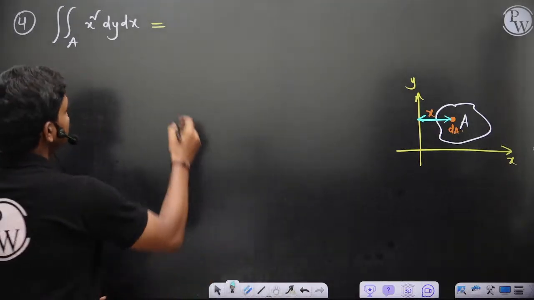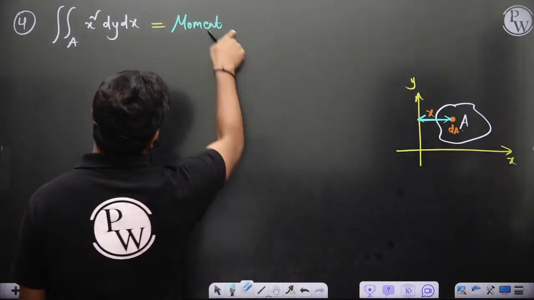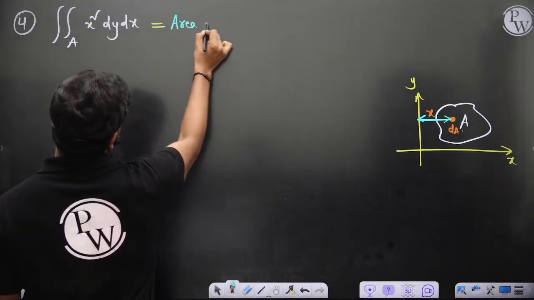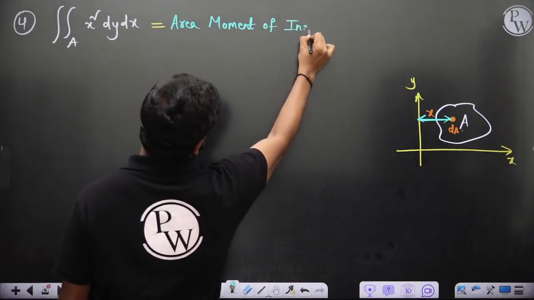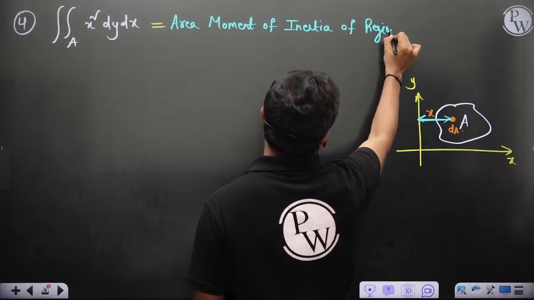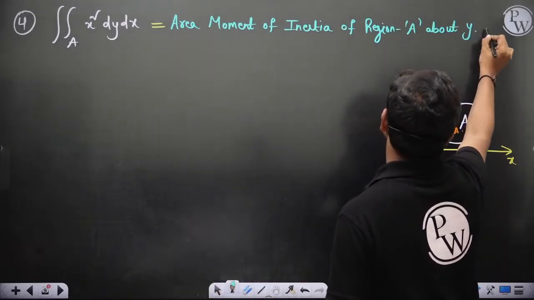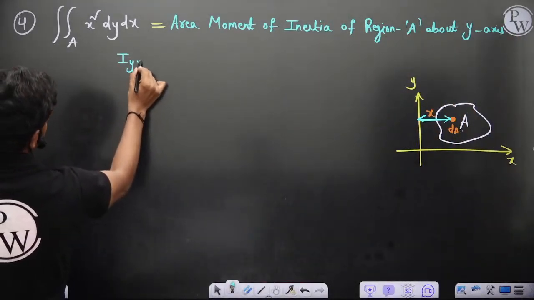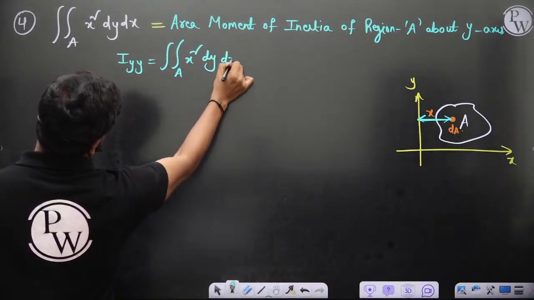So this actually gives you moment of inertia. Of course, area moment of inertia, let's be specific, because some of you may think of mass moment of inertia. So it is the area moment of inertia of region A about the y axis, and normally this is written as I y is equal to integral over A of x square dA.